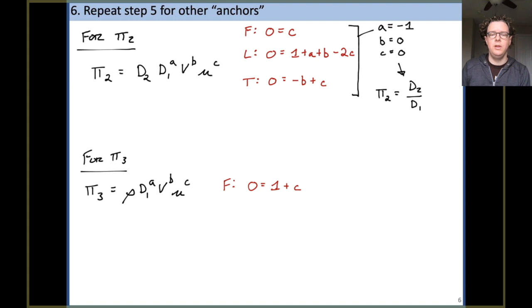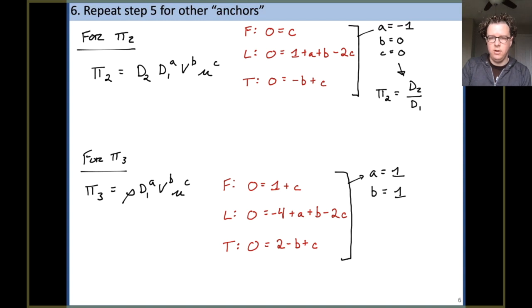You would formulate three equations, one for the force, one for the length, one for the time, and hopefully those would look like I'm providing you here. Again, you would solve those to find out those exponents of A, B, and C. And you would have a pi 3 term that looks like density times velocity times diameter 1 over mu.